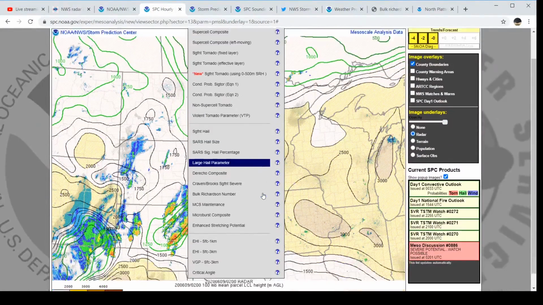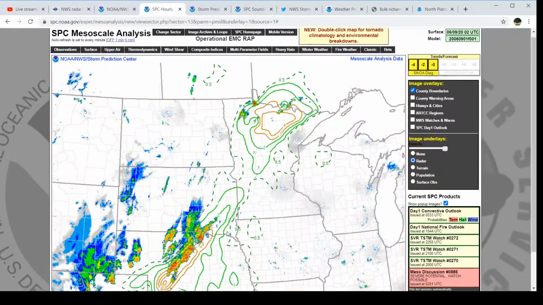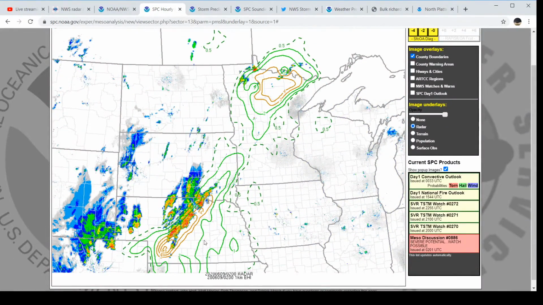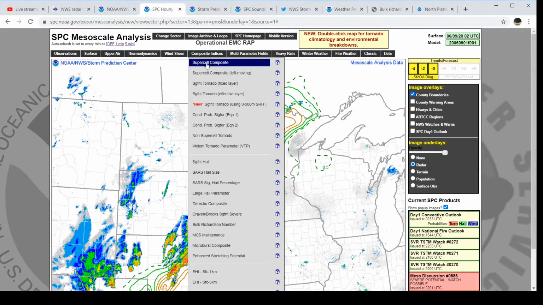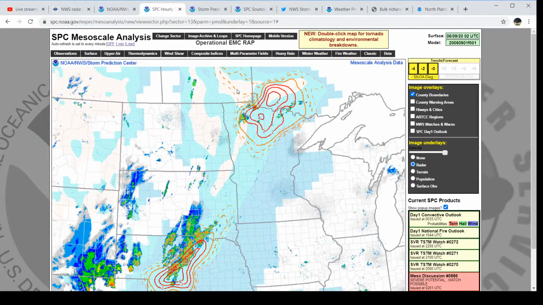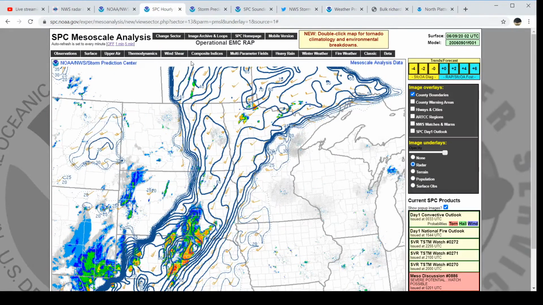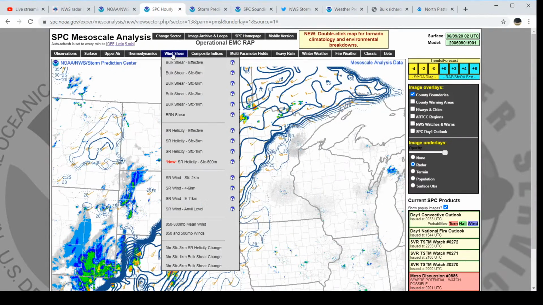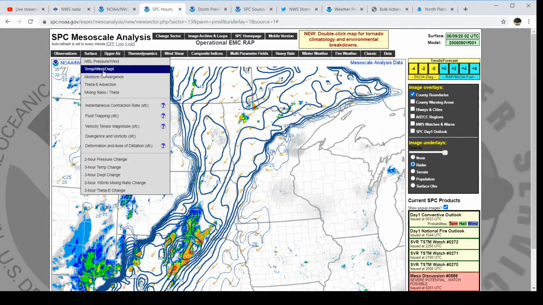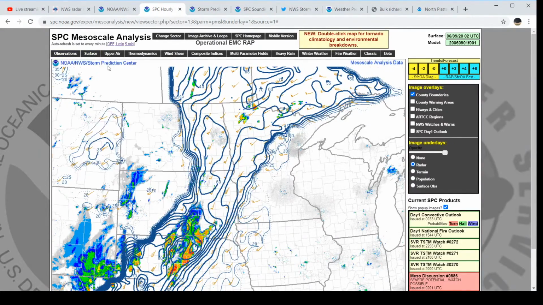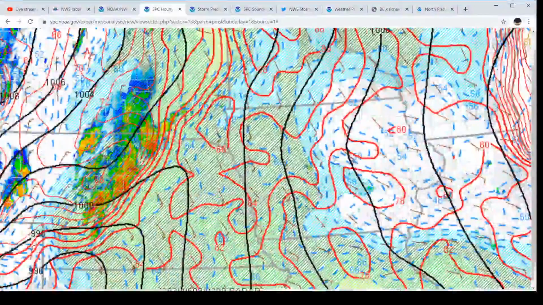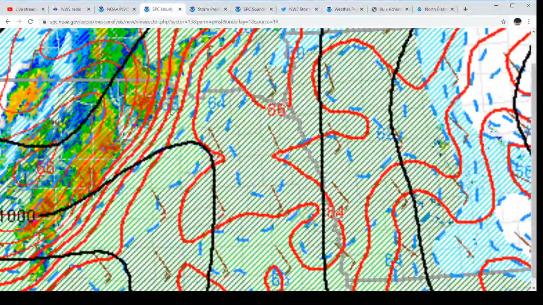See how our energy helicity has changed. So we got a lot of energy helicity from 1 kilometer since this update. There's some convective inhibition. These storms are relatively low. See what our dew points look like. 68.